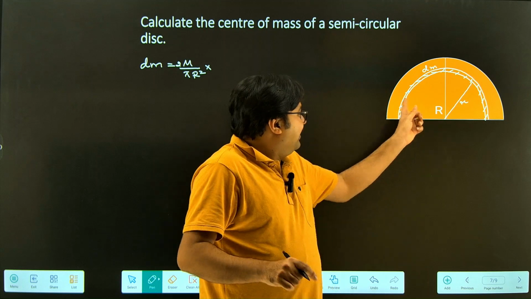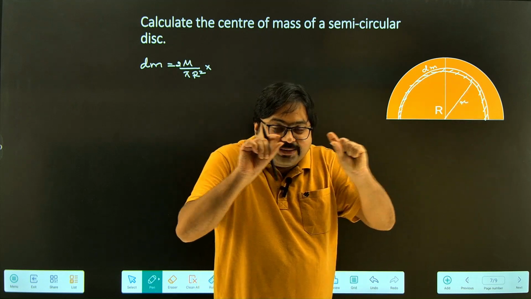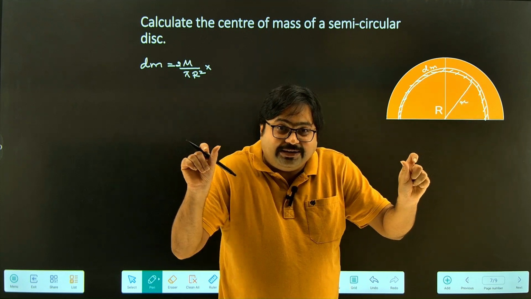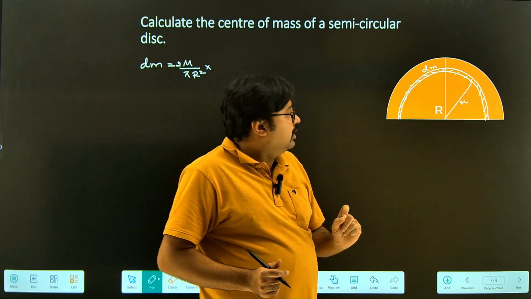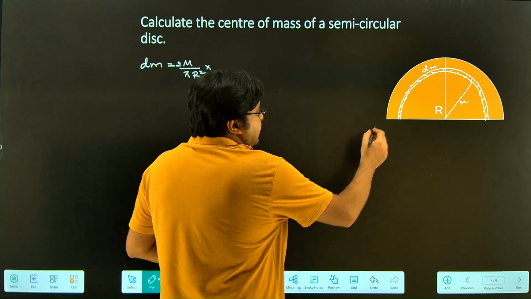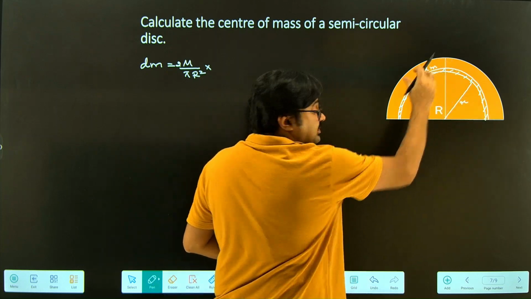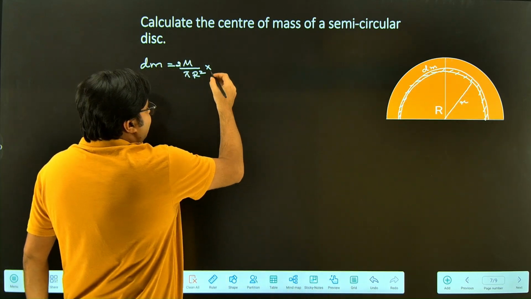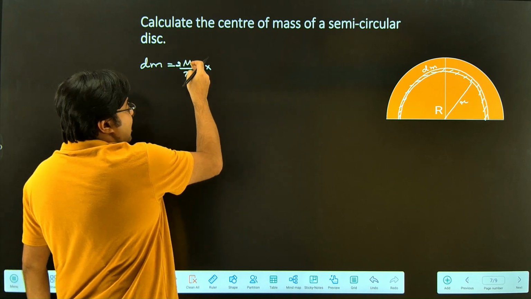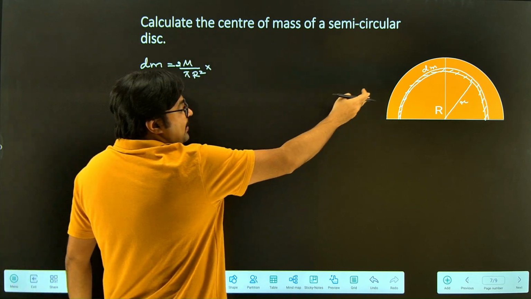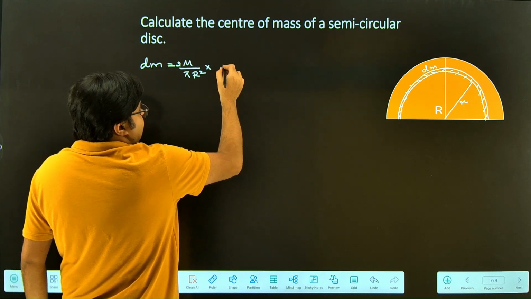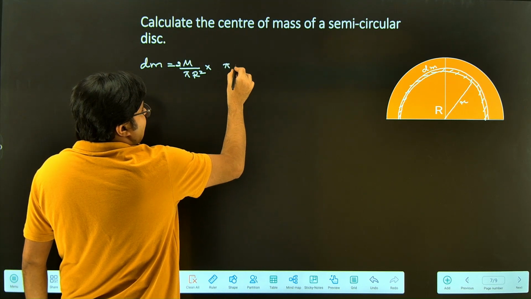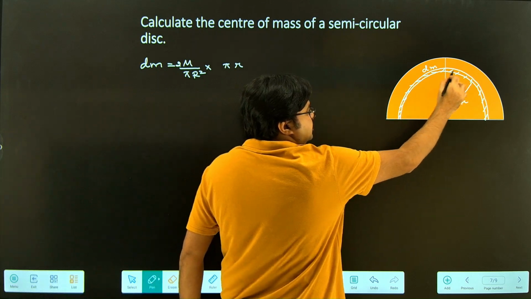Listen to me again. It's a rectangle that's bent in the form of a semicircular ring. If that is the situation, then there is a length and then there is a breadth. In order to get the area of that shaded portion, the length is pi r, because that's half the circumference.